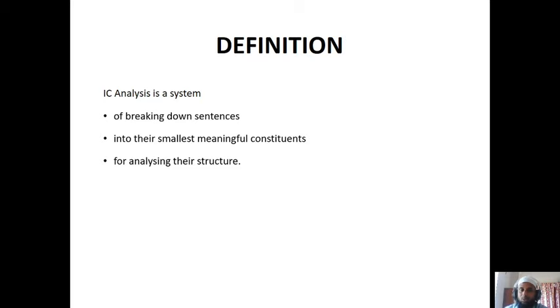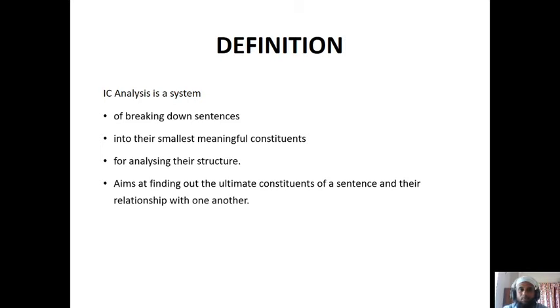So we can say that IC analysis is a system of analyzing the sentence structure, and with that purpose it breaks down the sentences into the smallest parts or constituents which are meaningful.